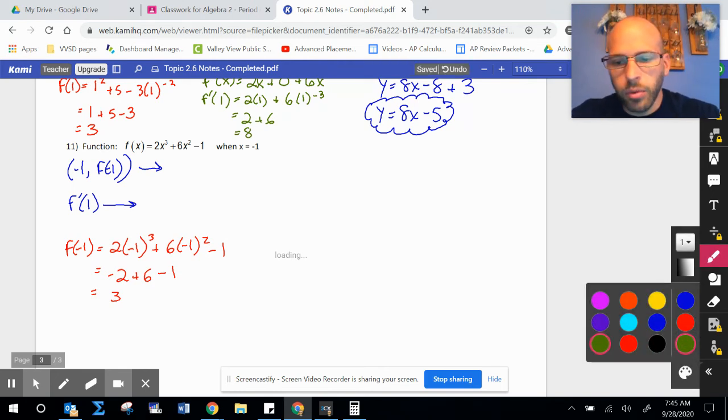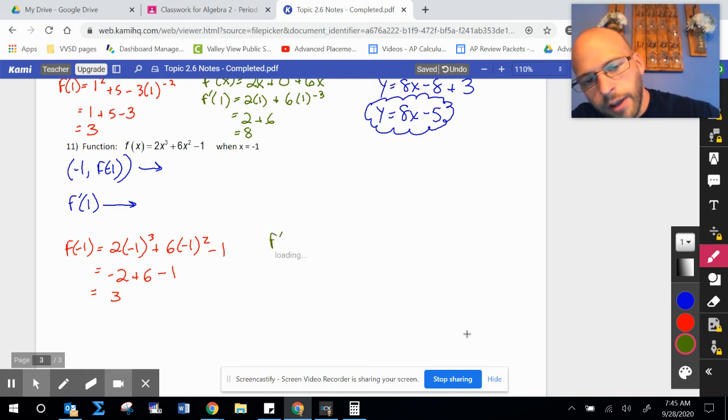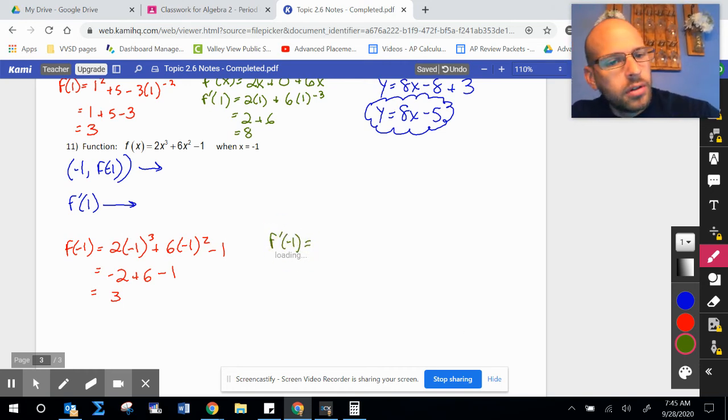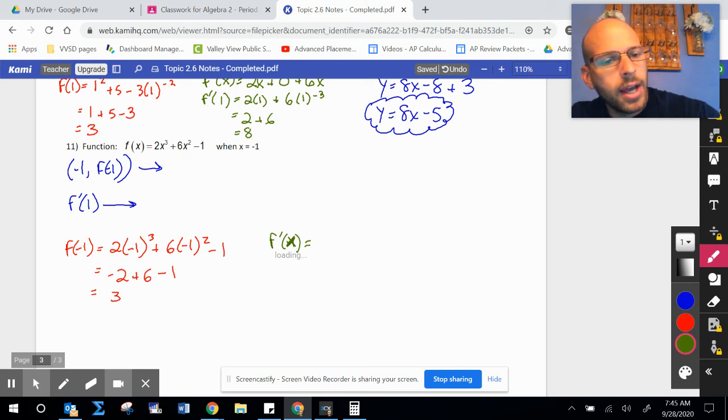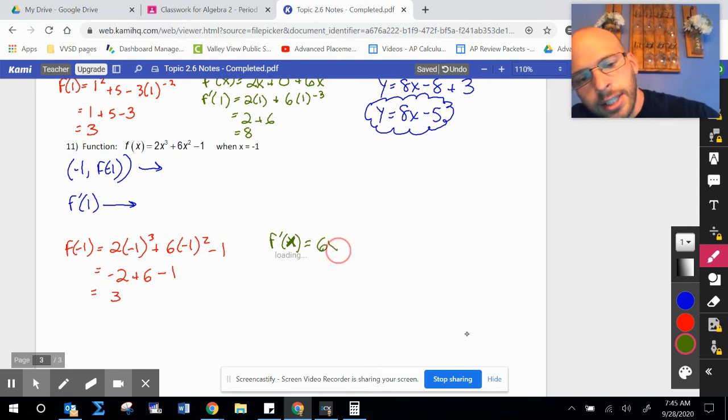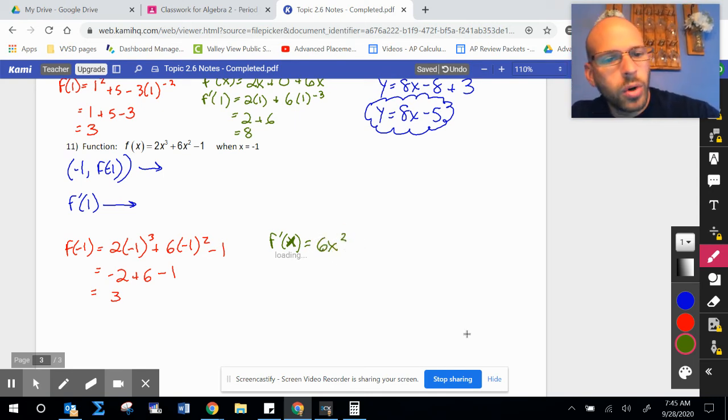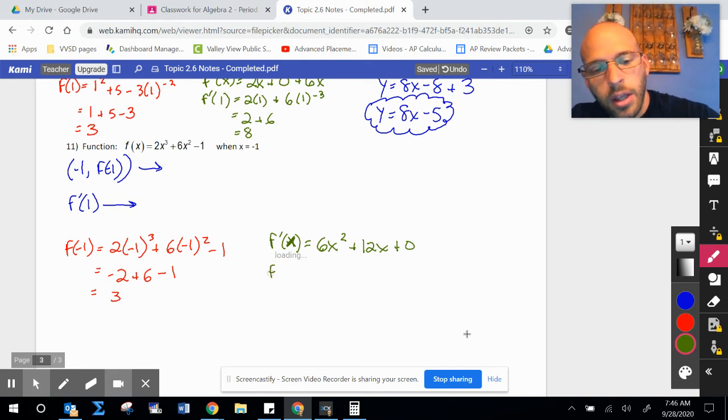Now I want to figure out what the slope is. So f prime of negative 1 would be, well, let's start with f prime of x. Let's keep our notation good here. So f prime of x is going to be a 6x squared plus 12x plus 0. You don't really need to write the 0.